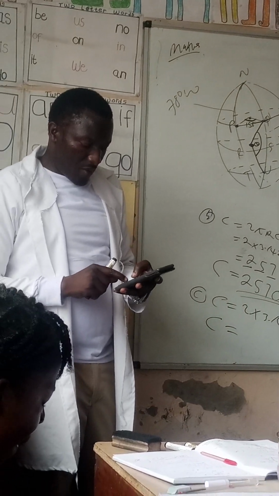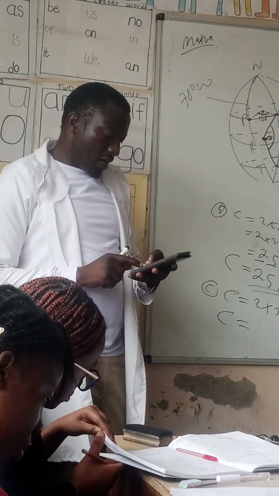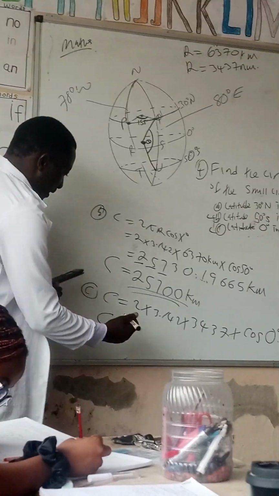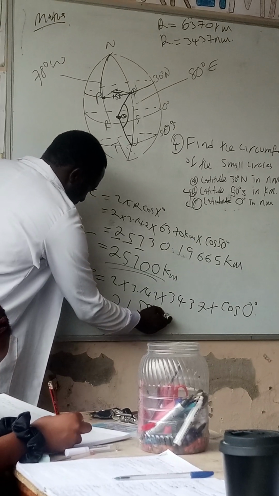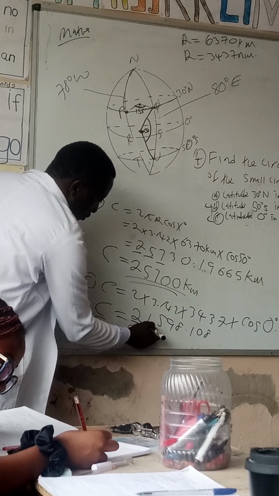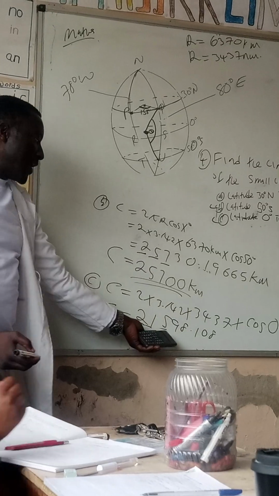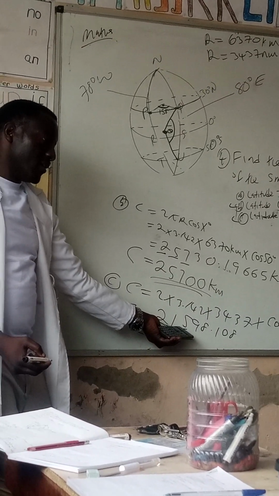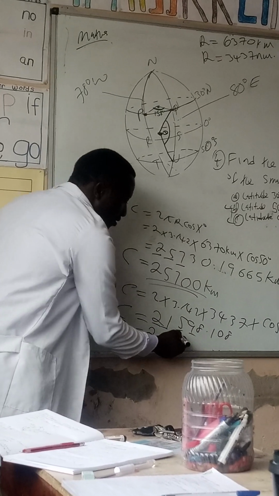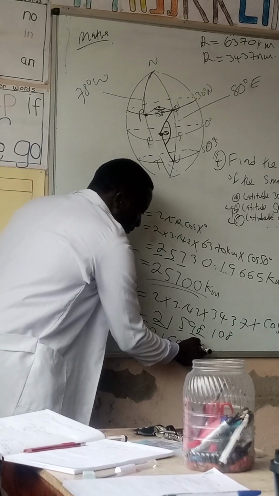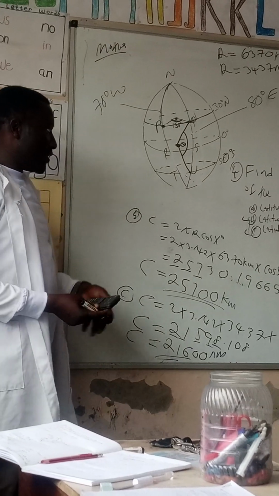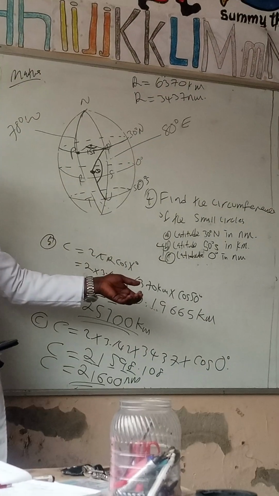So 2 times 3.142 times 3437 times cos 0, which is 1. We are getting 21598.108. Rounding this, it will be 21, and 9 changes 5? Yes, to what? 6. And then the 9 itself becomes 0, 8 itself becomes 0. Meaning you've rounded off with three significant what? Figures.